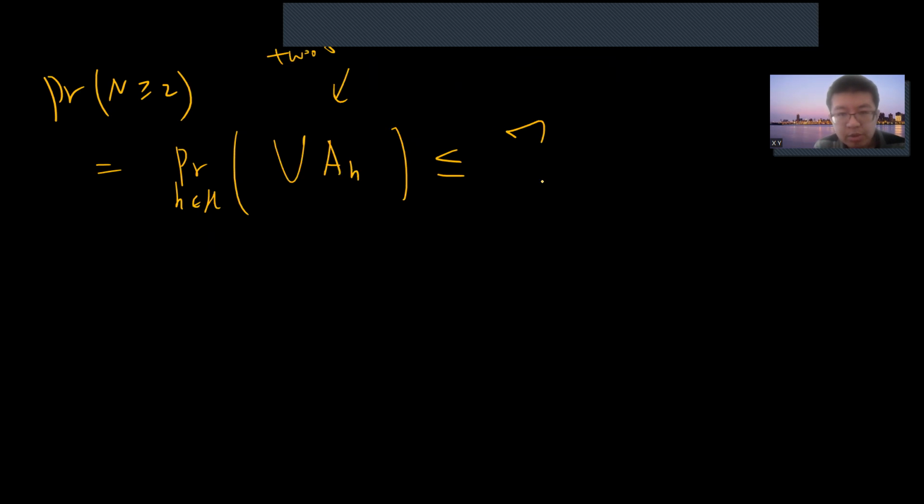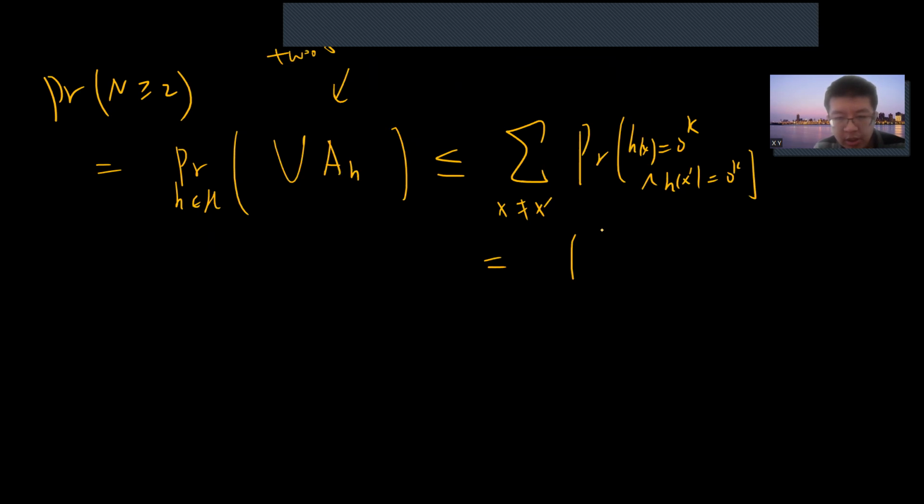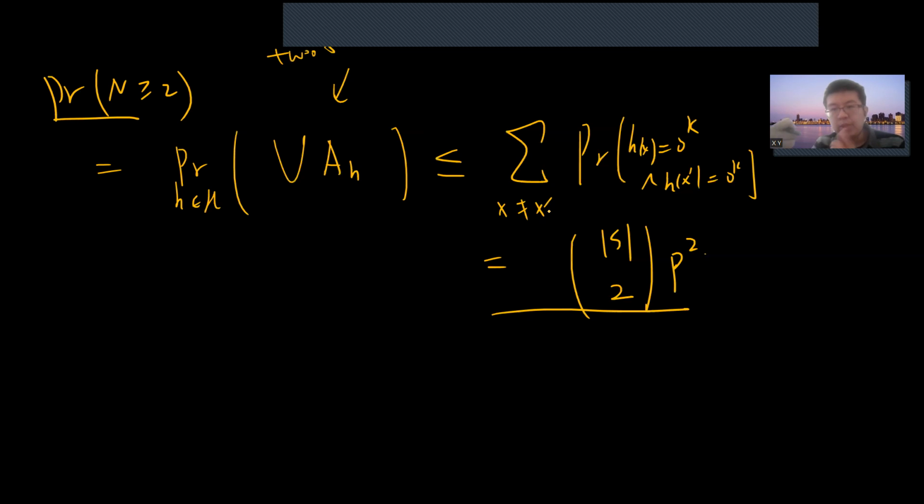So you can just sum the probability of h of x equal to 0 to the k and h of x prime equal to 0 to the k, with x not differing from x prime. So this is s choose 2 times p squared. So n greater or equal to 2 is bounded by this, because the pairwise probability is very small.